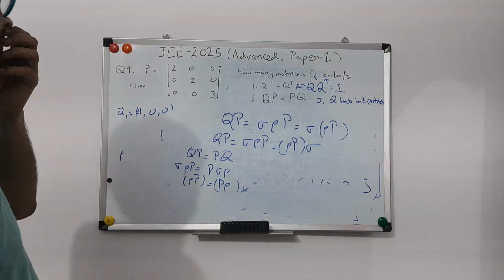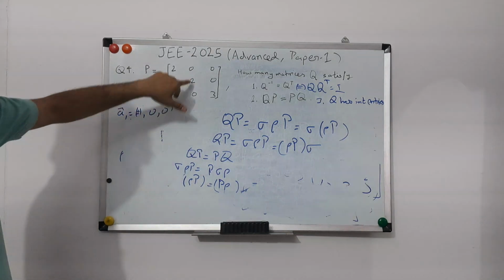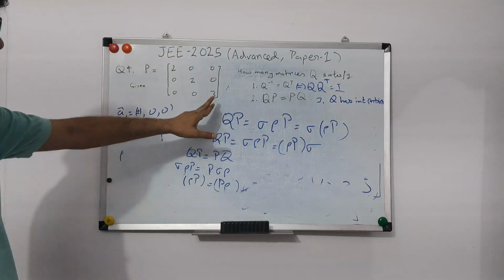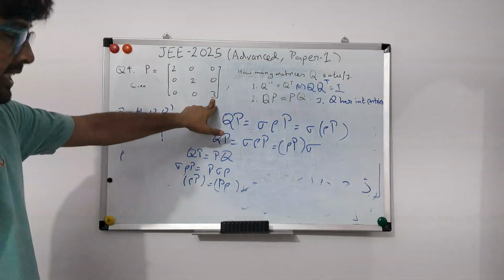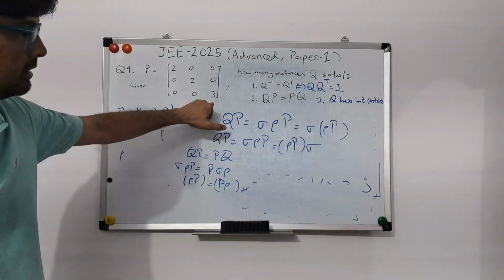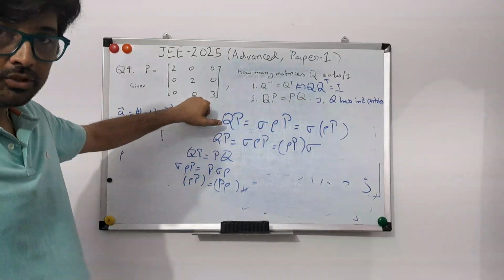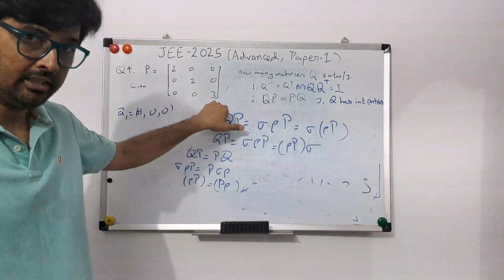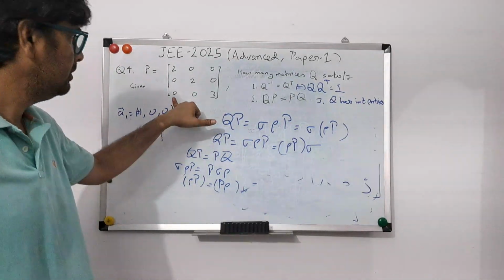Now let's observe. If we commute this third row with any other row, the 3 will change its row, but it will not change its column. And when we commute the column containing 3 with any other column, it will change its column, but it will not change its row.